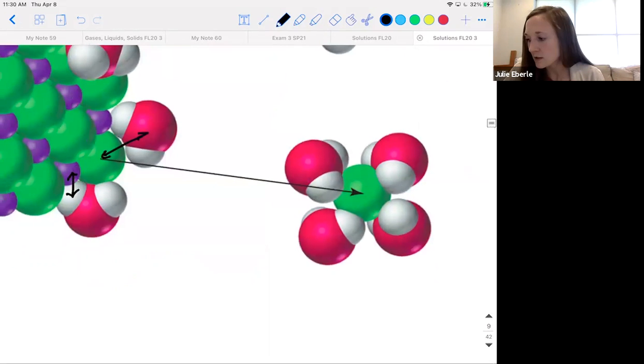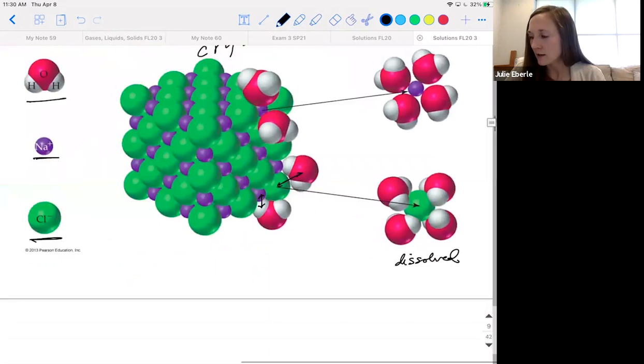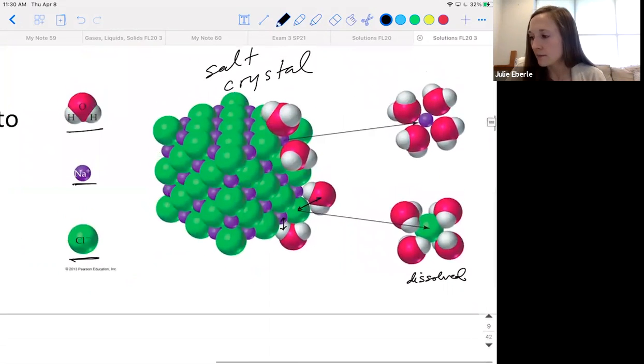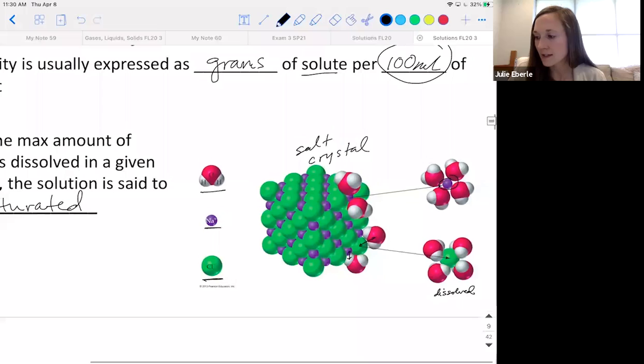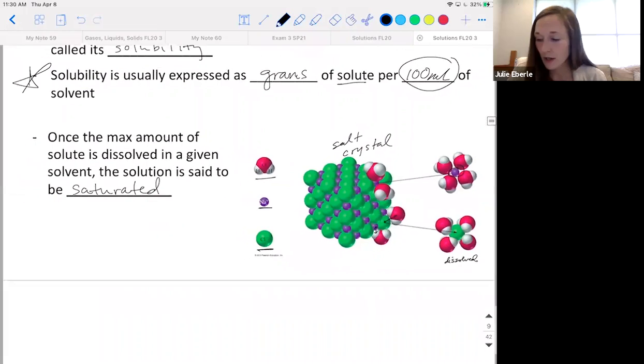And this one is dissolved. It'll kind of break it off of the crystal and carry it away. And then the same thing you see with the sodium up here. That ion is now dissolved. So when something is soluble, that's actually what's happening. If you're an ionic compound and you can break up into your ions.